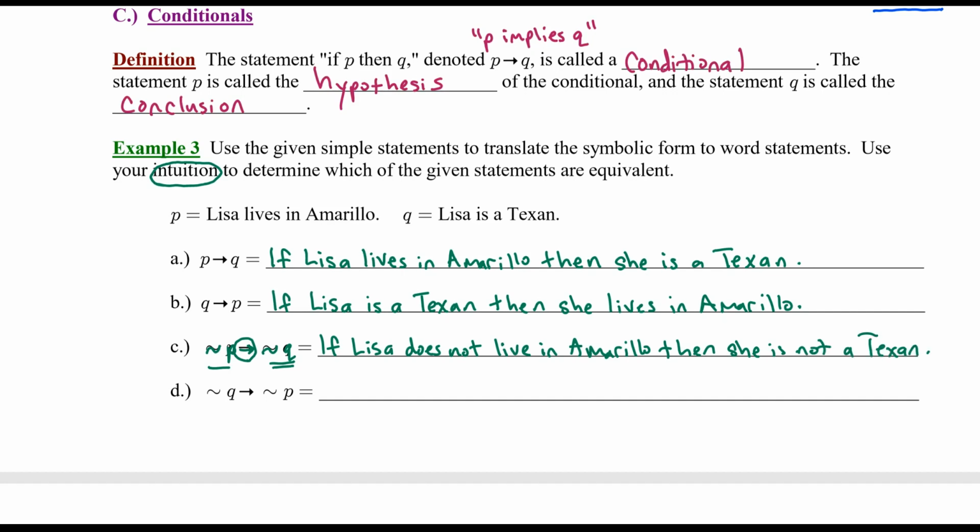Okay, let's try our last variation. A lot of negations in this one as well. Not Q implies not P. We'll begin our conditional with the word if. If not Q. So we need to negate the statement Q. If Lisa is not a Texan, then, now we're going to form the statement not P. Lisa does not live in Amarillo.